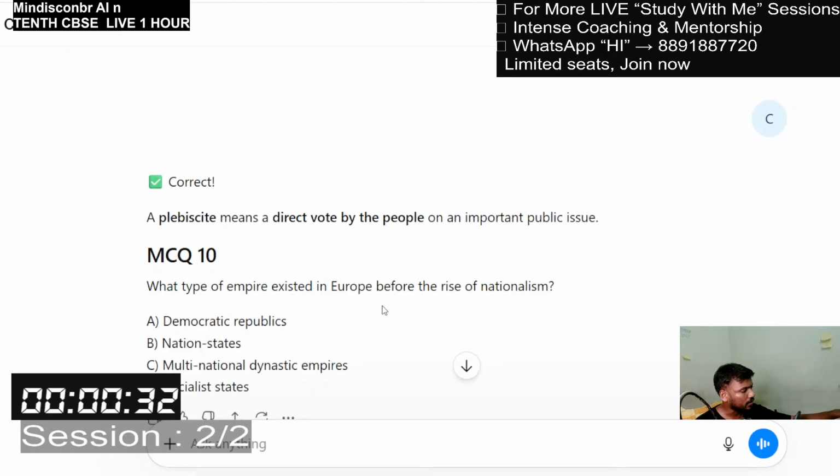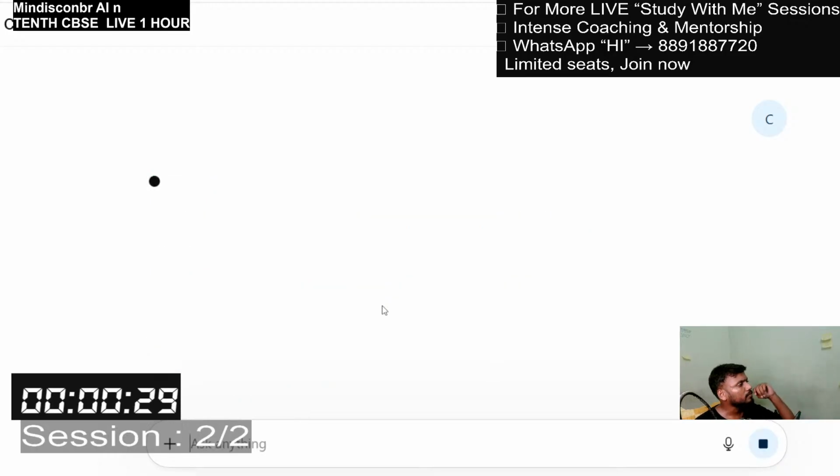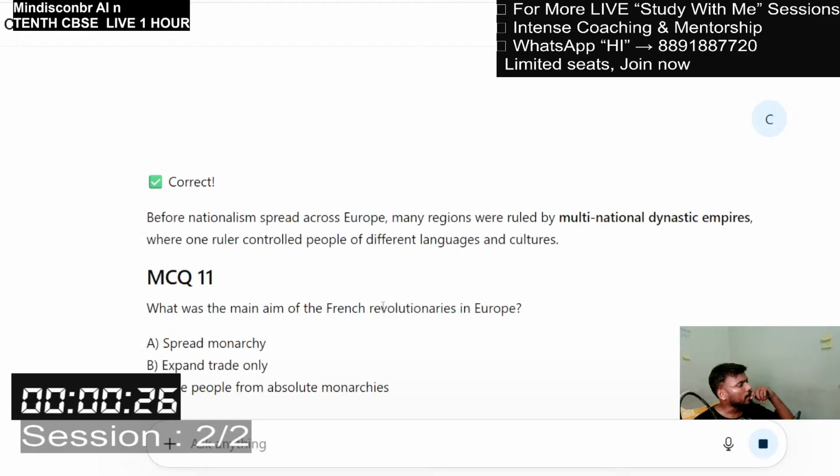It's dynastic empires, option C. Before nationalism spread across Europe, many regions were ruled by multinational dynastic empires, where one ruler controlled people of different languages and cultures. What was the main aim of the French revolutionaries in Europe? Spread monarchy, expand trade only, free people from absolute monarchies, increase taxes. Free people from absolute monarchies.